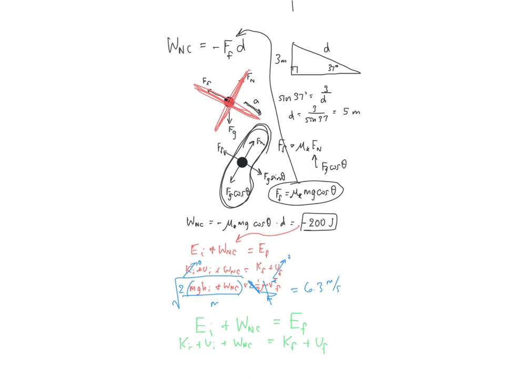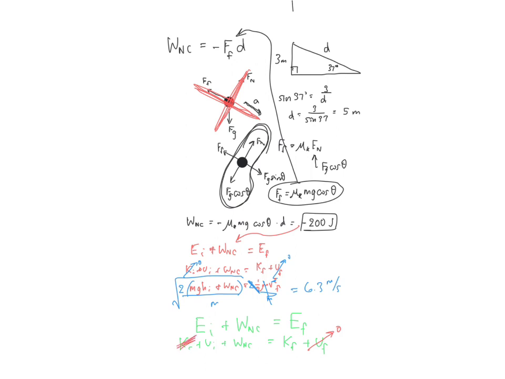The way to think about this is that we said the final gravitational energy is 0 because she's at the bottom of the slide. In this case she's going to have to give herself a push off to get started, so her initial kinetic energy would not be 0 this time, but she's moving at a constant speed, so her initial kinetic energy and her final kinetic energy would be the same. So we could just subtract that from both sides of the equation to get rid of it.